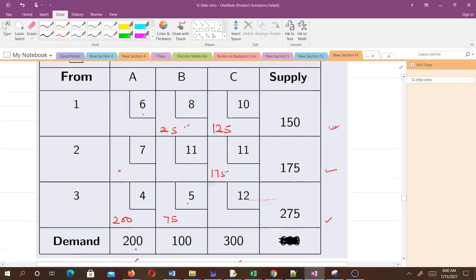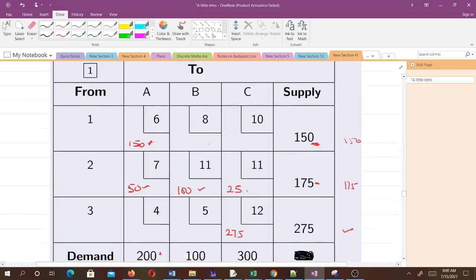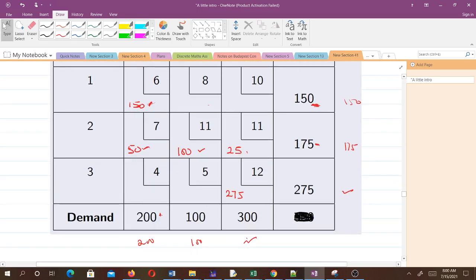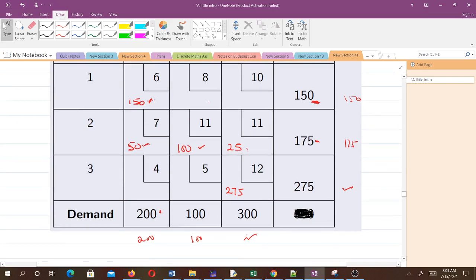Okay, and when we do that, we will have to calculate the transportation cost, and it will be 6 times 150 plus 7 times 50 plus 11 times 100 plus 25 times 11 plus 12 times 275.